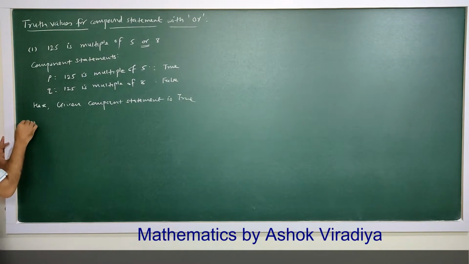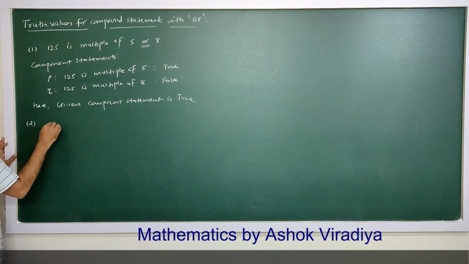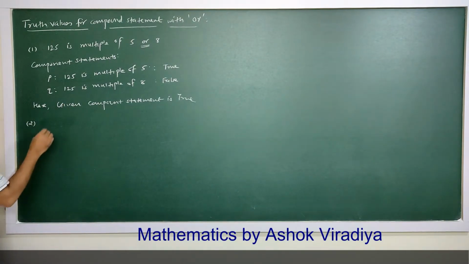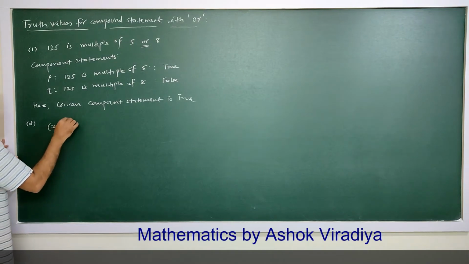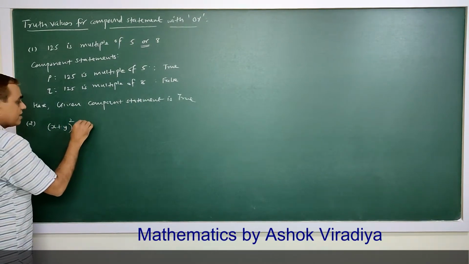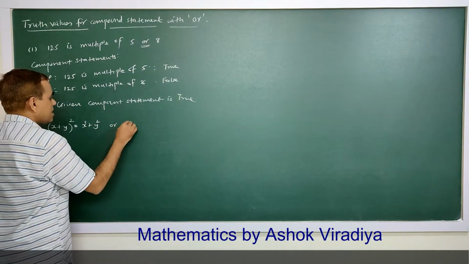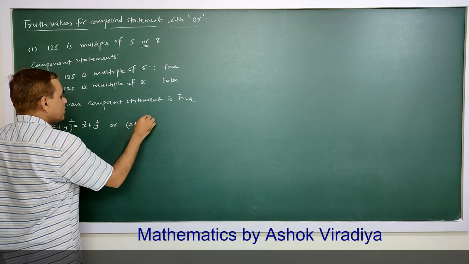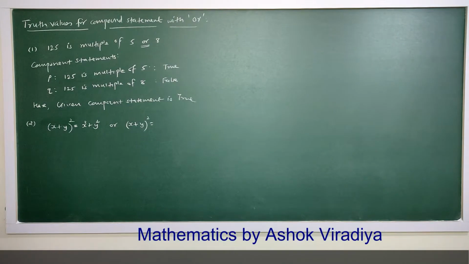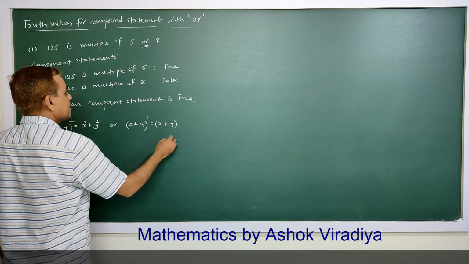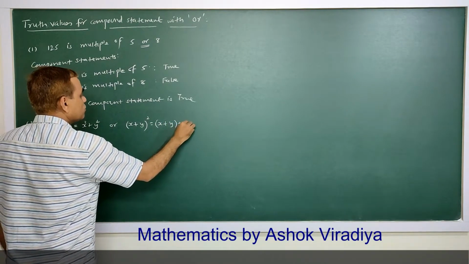If I put here one more example, suppose x plus y whole square equal to x square plus y square, or x plus y whole square equal to x plus y plus 2.